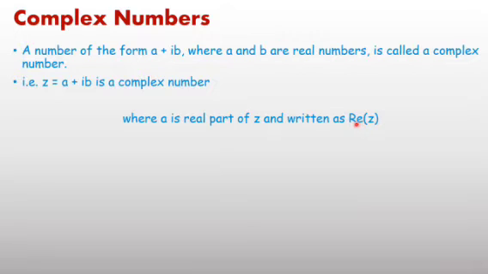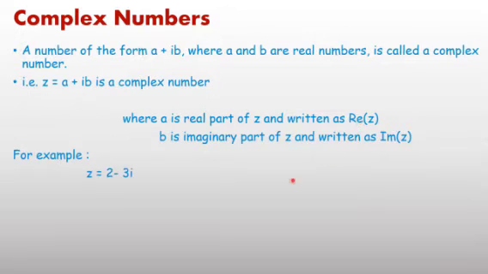Re represents the real part of complex number z. It is symbolic form. And b is known as the imaginary part, and in symbolic form we can write it as Im(z). Im(z) implies the imaginary part of z, and here it is the real part of z.